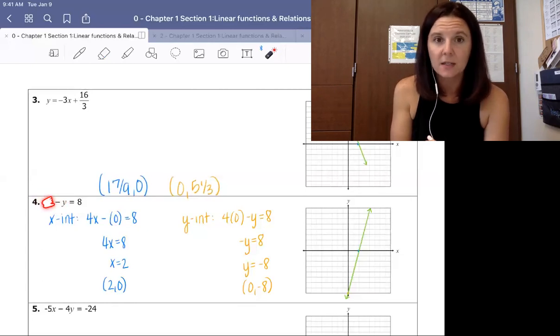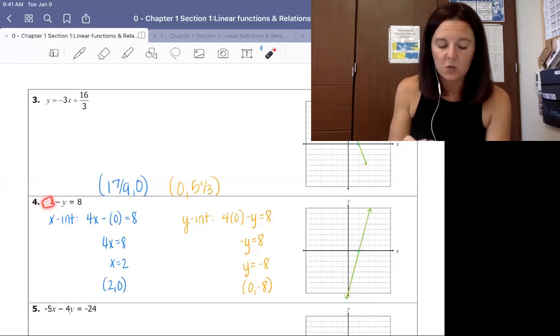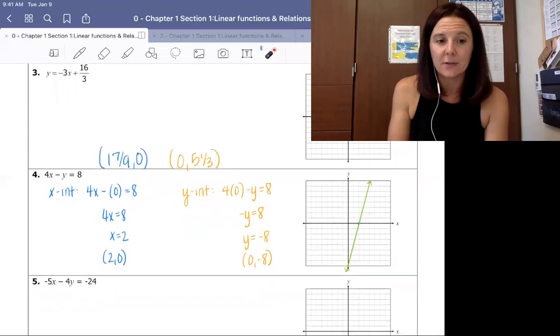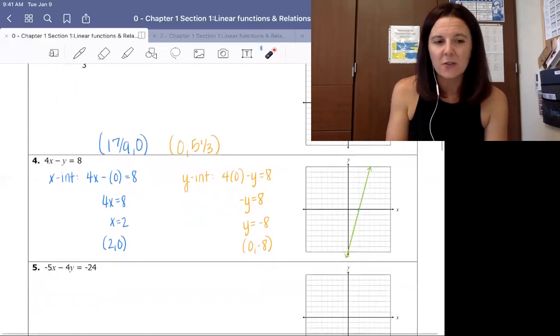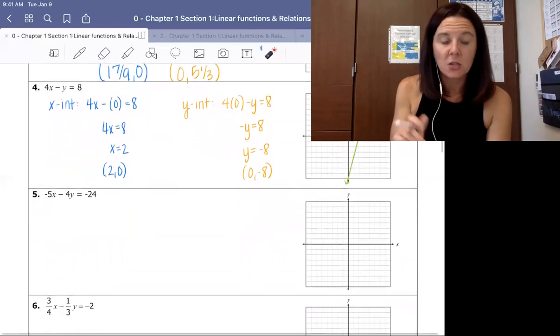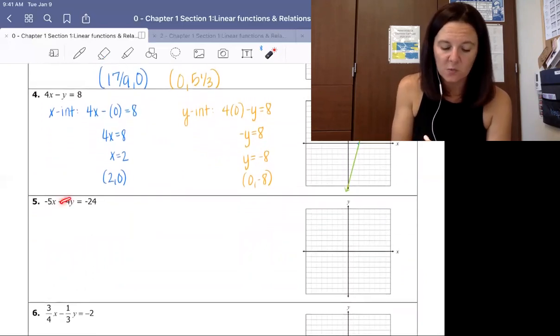You may remember that from Algebra 1 when you worked on solving for intercepts. So you can use that method anytime you have an equation in standard form. Sometimes it works better than others, but if you use that like on number 5, you can cover up this y part of the equation and the sign that's in front of it.